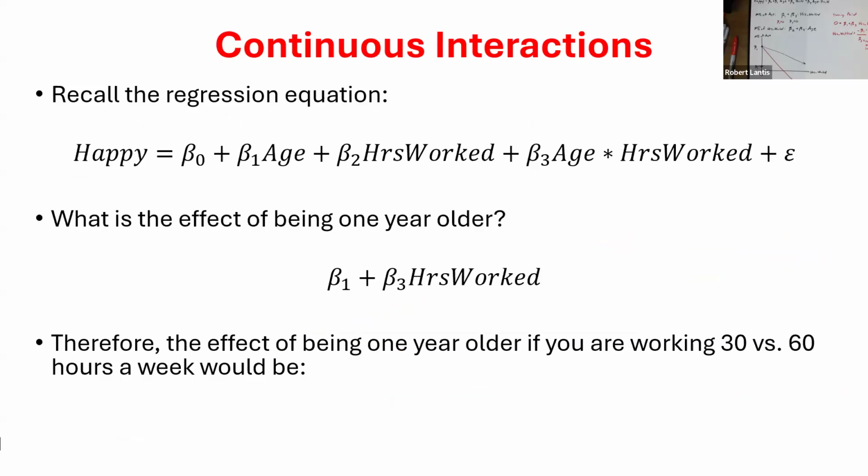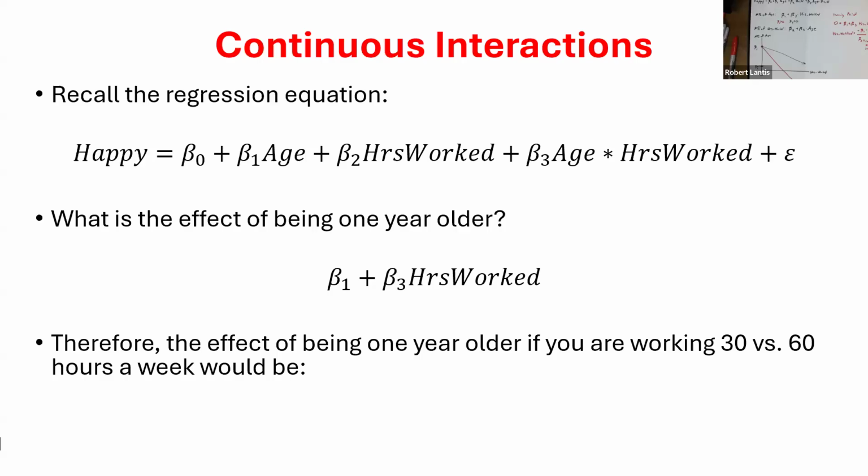So once again, I can't ask you to tell me the marginal effect for every single possible hours worked, right? Technically, if I could work minutes or seconds, that would take forever. But I could ask you for the marginal effect of being 1 year older, or the marginal effect of age, at different values of hours worked. So what's the marginal effect of being 1 year older if I'm currently working, say, 30 hours a week?